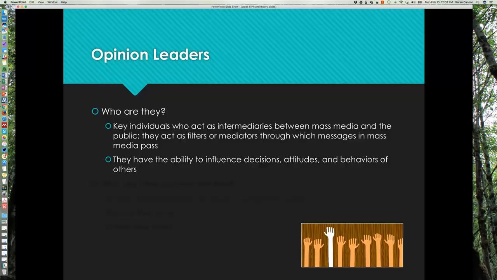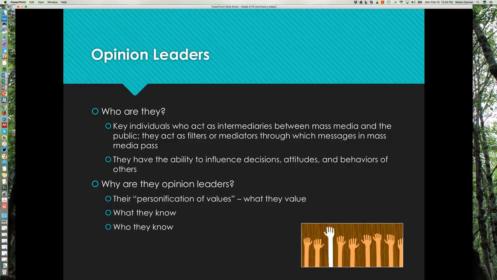And so these people have the ability to influence the public's perspective on things. And so these can be anybody. These can be people who are city council, school board, people who are leaders in civic organizations, especially things like those that encourage people to register to vote, that type of thing.